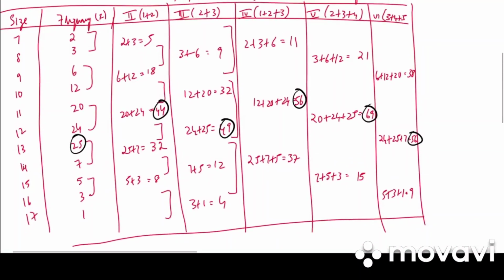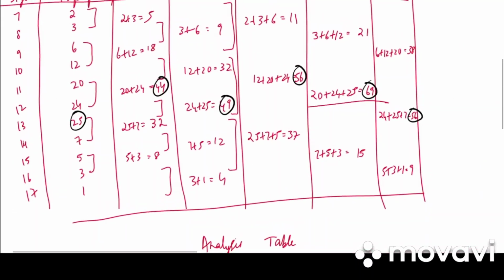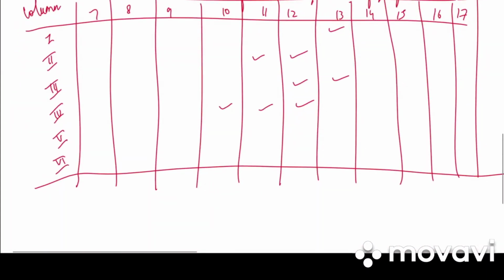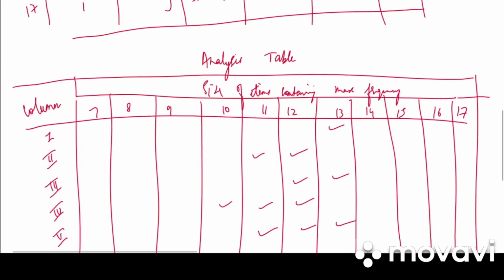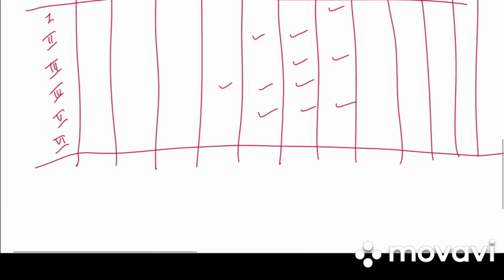Next it is 56, 12 plus 20 plus 24, so 10, 11, 12. Then it is 69, that is 20 plus 24 plus 25, so 11, 12, 13. And last it is 56, 24 plus 25 plus 7, so 12, 13, 14.